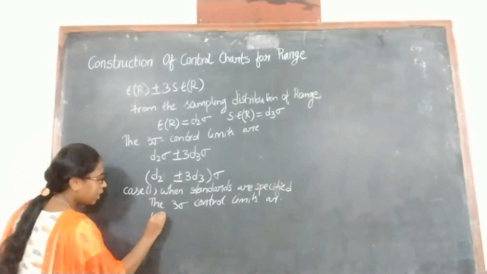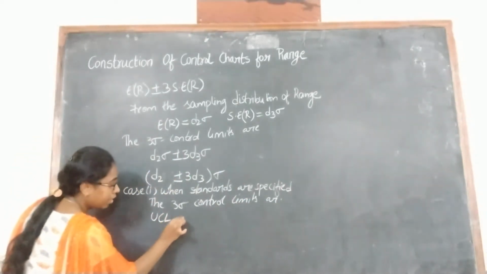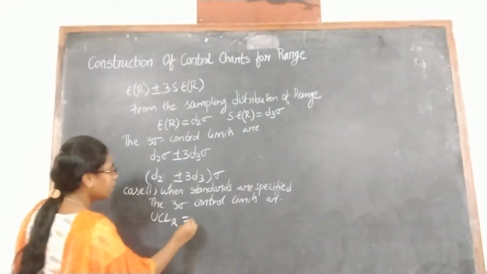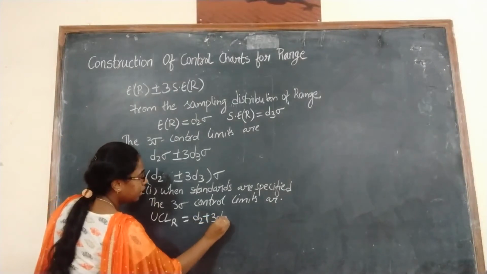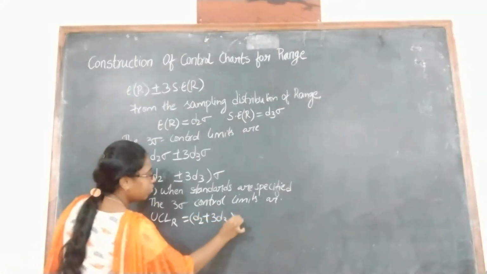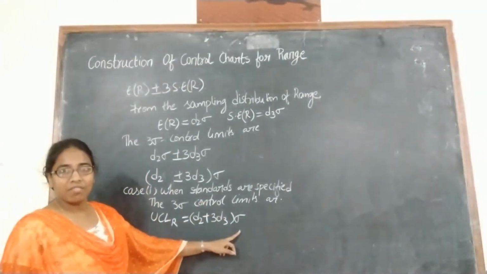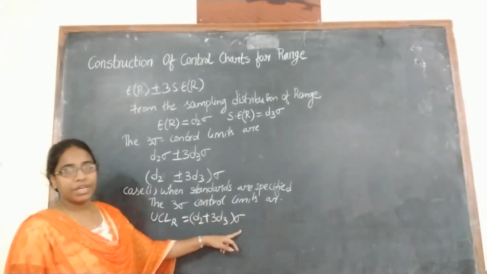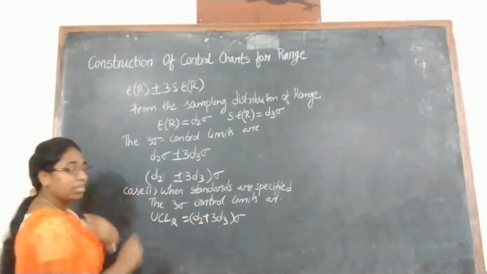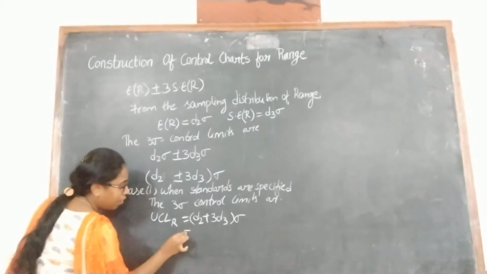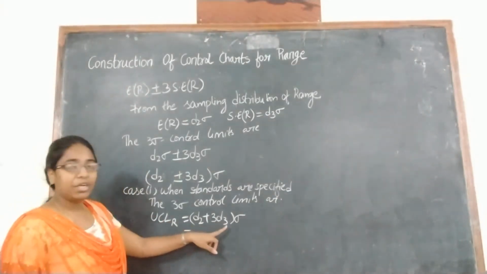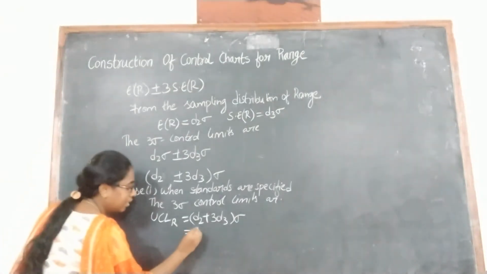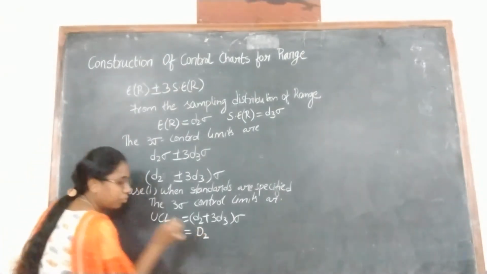So then the 3 sigma control limits are given as follows. What will be the UCL value? UCL of R equals d2 plus 3 into d3, into sigma. Already the sigma value is a known value, so no need to estimate it. Now I am considering this d2 plus 3 into d3 as capital D2.